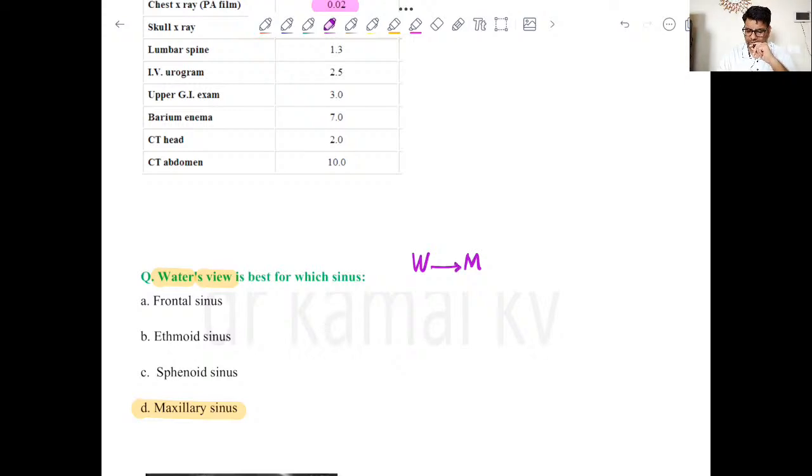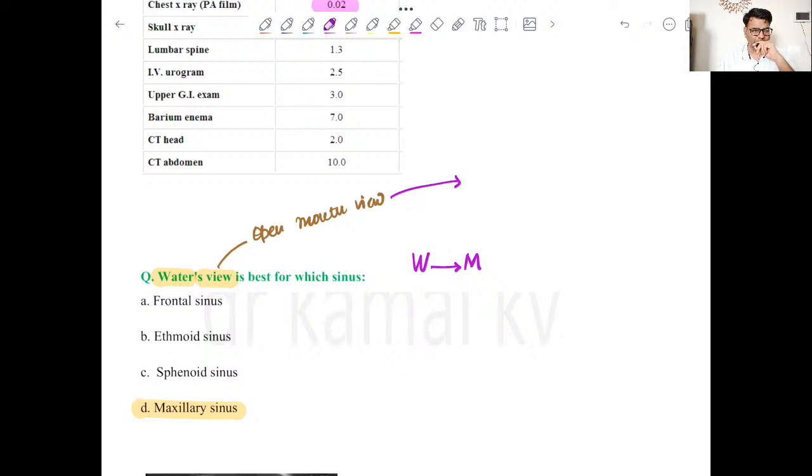Now there is one more thing which you should know about Waters' view. It is good for visualizing maxillary, but if you take an open mouth view, you can also visualize one more sinus beautifully.